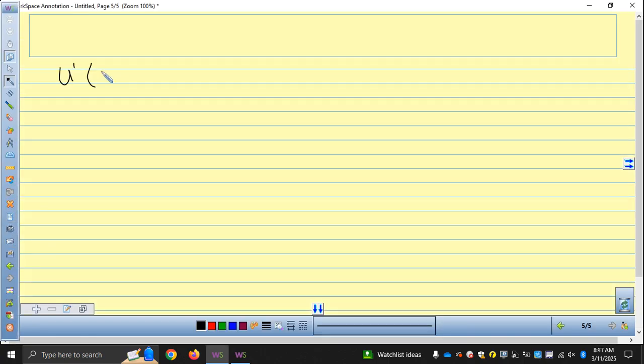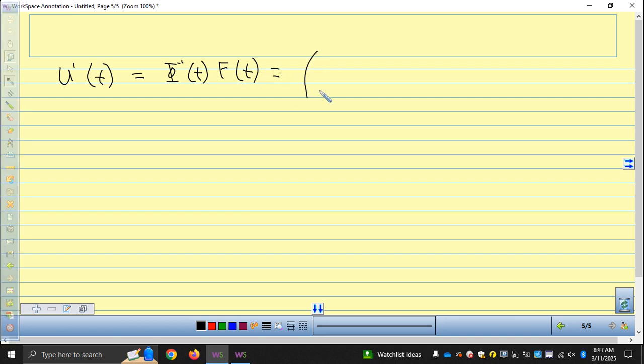So u prime of t equals phi inverse of t times f of t, which is 1/6 e to the negative 3t, 1/3 e to the negative 3t, minus 1/6 e to the 3t, 2/3 e to the 3t, times e to the negative t, t e to the t.